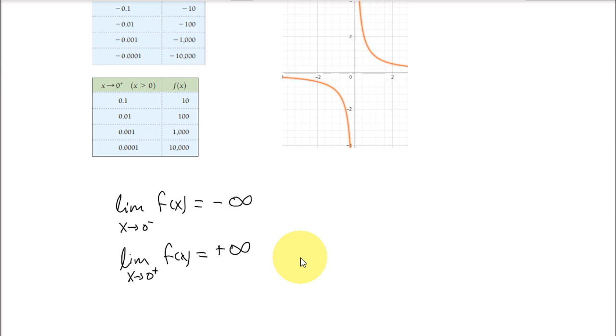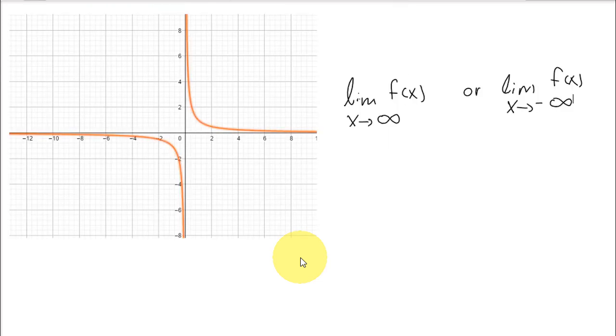You can do it algebraically or you can find it graphically. Sometimes we need to determine limits when the input gets larger and larger without bound. That is, the input approaches infinity. In such cases, we are finding limits at infinity.